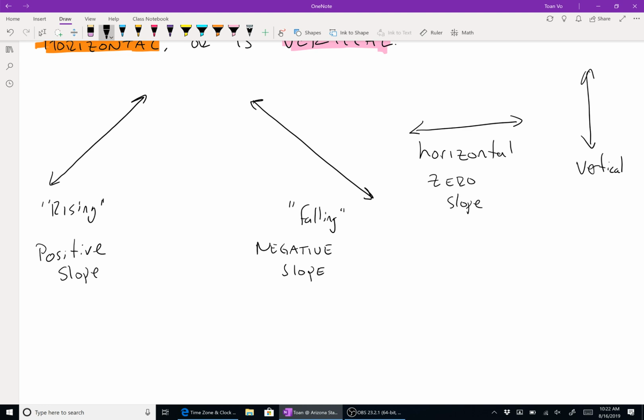And if you have a vertical line, those slopes are undefined. If you don't know what an undefined slope is, that simply means your slope is some number divided by 0. Right? So that's how you get an undefined slope, if you have some number divided by 0.